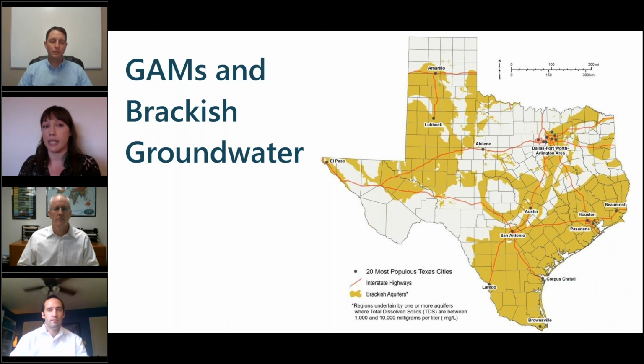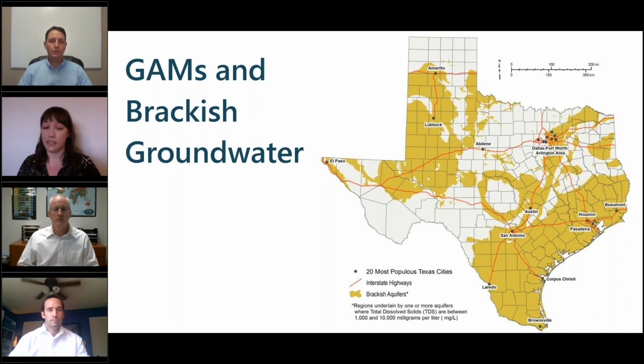If we had that ability to model water quality, we would also be able to give a MAG for brackish groundwater. And we're currently looking at zones where the brackish groundwater zone overlaps with a MAG zone. So that'll give us a better picture of where the overlaps currently are and where maybe the GAM doesn't actually extend into brackish groundwater areas.